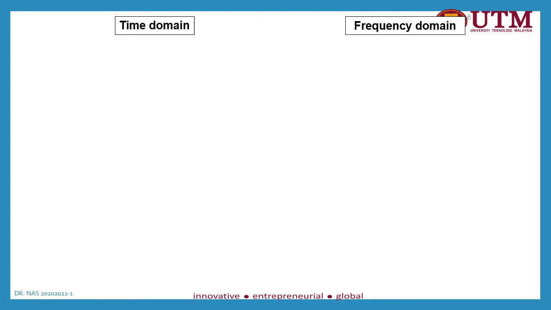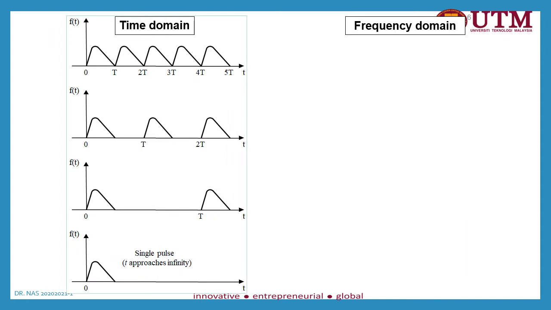Okay, let's look at the comparison between Fourier series and Fourier transform, and how the non-periodic signal in time domain is represented. Okay, for example, if you have this signal, you can see that the fundamental signal is repeating itself by the same T. Same goes to this one.